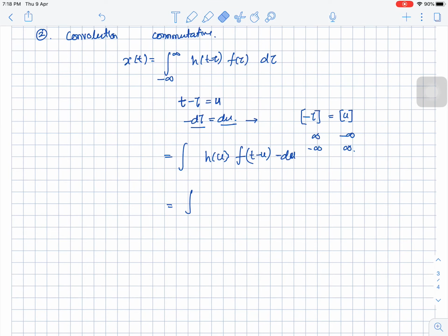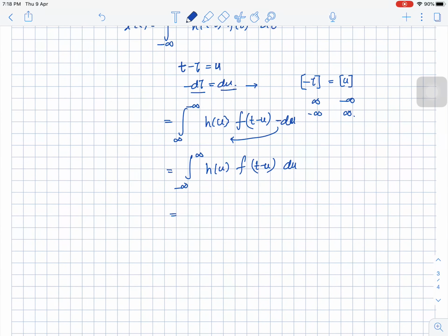This minus sign will flip the limits, so it becomes the integral of h of u f of t minus u du. So this will be f of t convolution h of t, which is x of t.